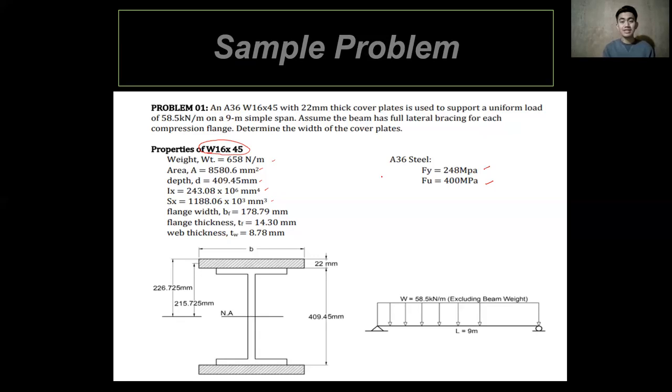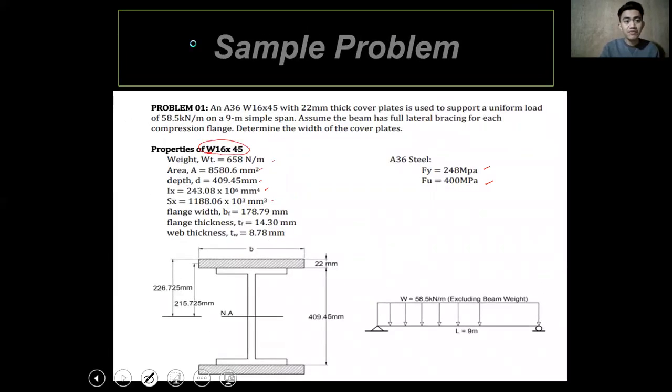The first step is to determine the maximum moment due to the load imposed on the beam. Of course, for us to determine the maximum moment, we need to determine the total load imposed on your beam. So let us proceed with our next slide.